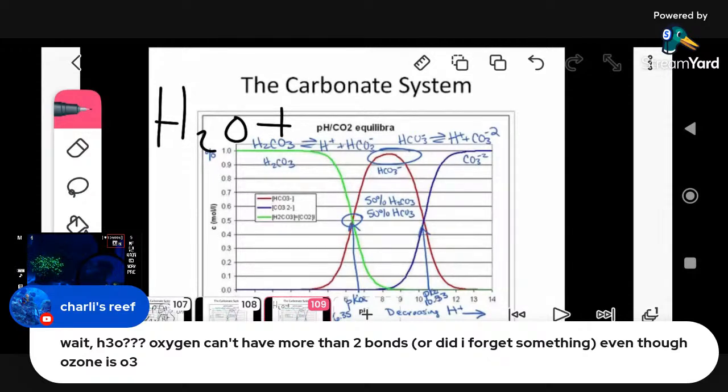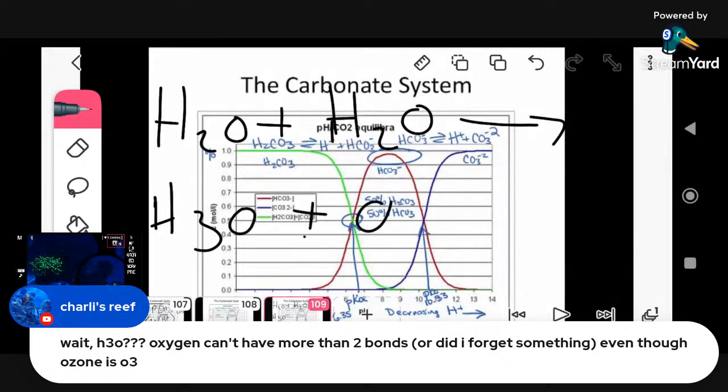Water plus water, H2O, produces, let's say you combine one, H3O plus OH. You see that, my guy? And another way of saying H3O is H plus.